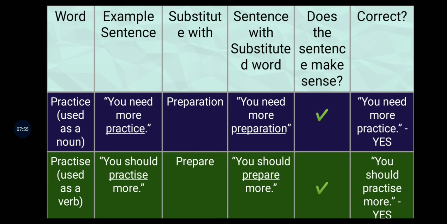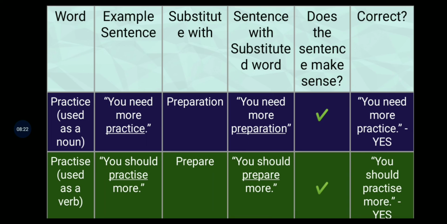If you substitute the word practice with preparation, the sentence is, you need more preparation. Do you think this sentence sounds correct? You need more preparation. You see, this is a correct sentence. Hence, the sentence, you need more practice, will also be correct.